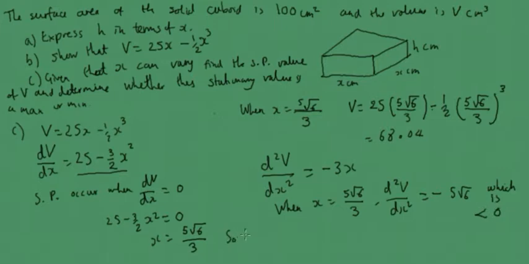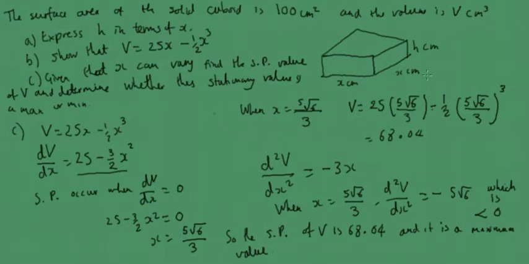So the stationary point of V is 68.04 and it is a maximum value. So what does that actually mean? So the maximum volume that this cuboid can take is 68.4 centimeters cubed.